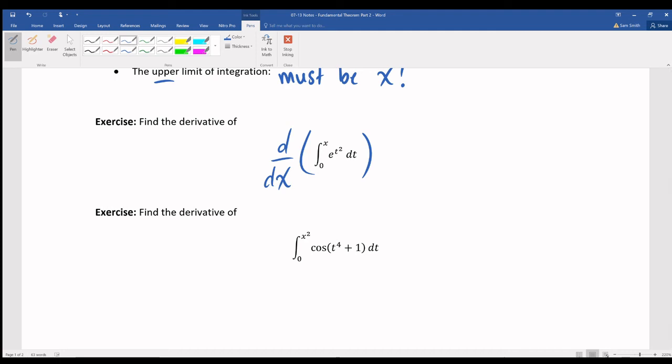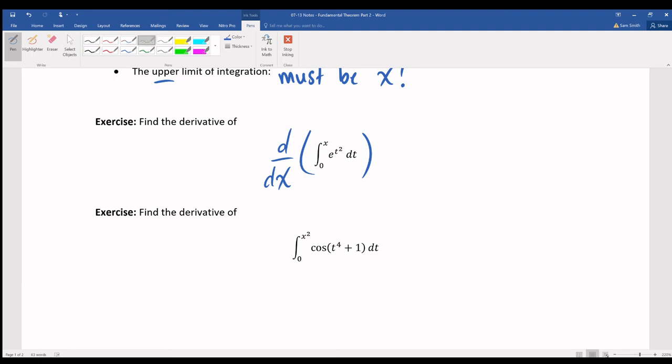Now, the first thing that we need to do is check to make sure that this integral is in the correct format to apply the fundamental theorem. The lower limit, 0, is a constant, so that's checked. The upper limit is just x, so that requirement is also met.